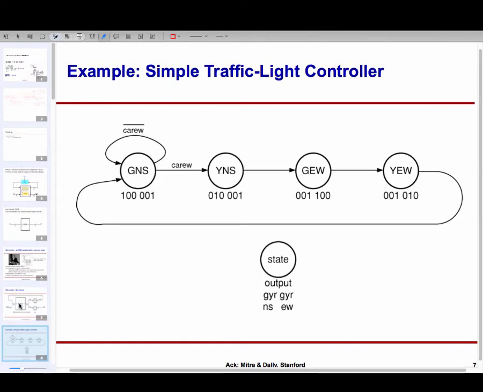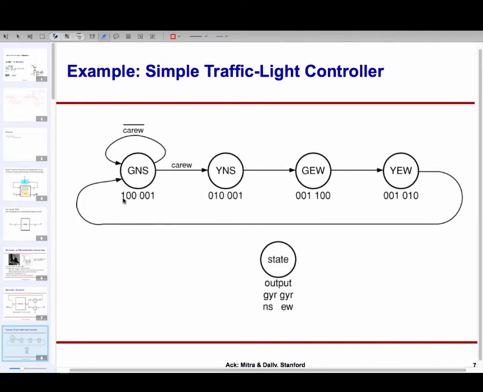So let's take an example. This is a slight adaptation of the traffic light controller, which was the very first FSM we had seen, controlling a traffic light at the crossway. There was a sensor called car on east-west route, and we were cycling through green north-south, yellow north-south, green east-west, yellow east-west, and these were the outputs.